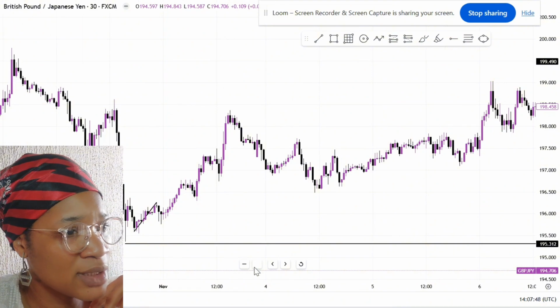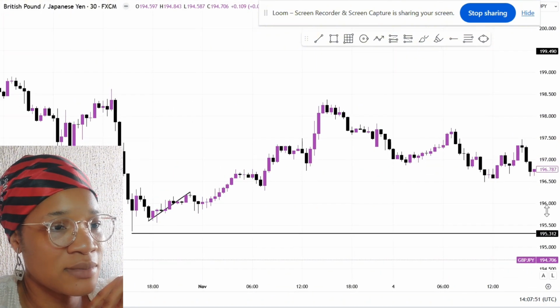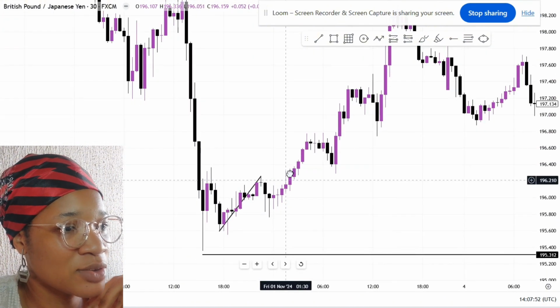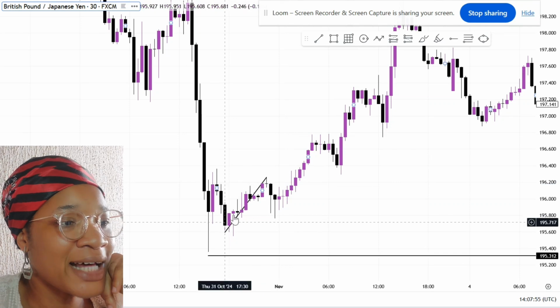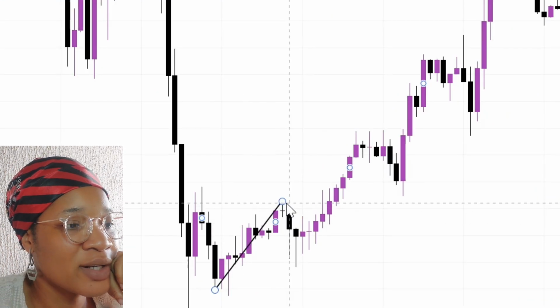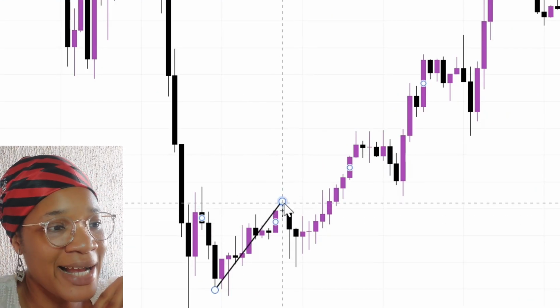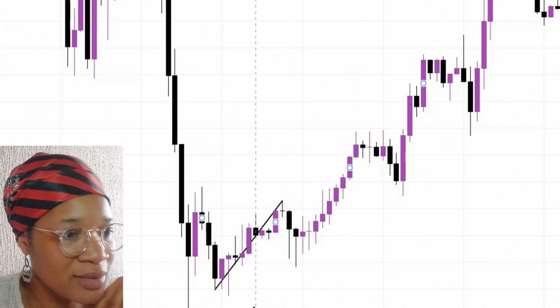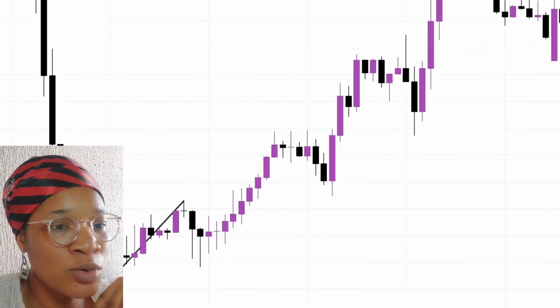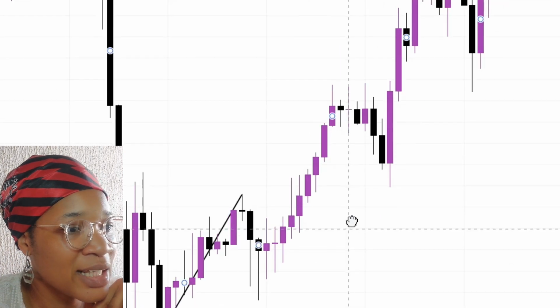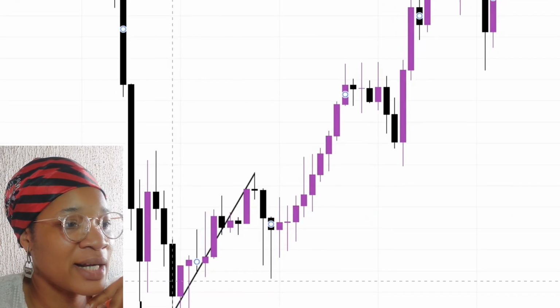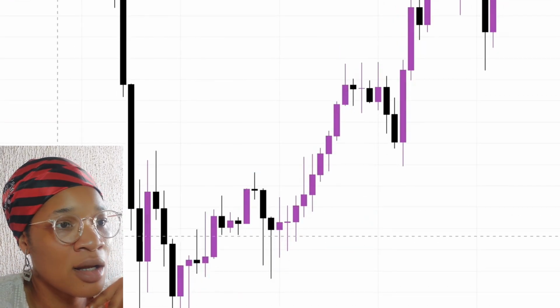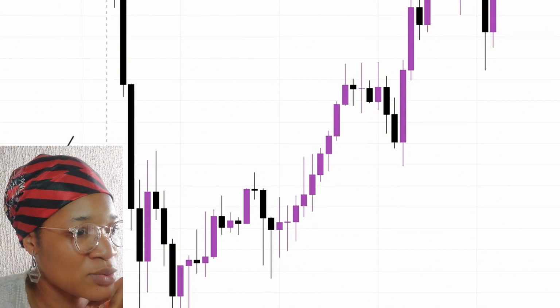I don't know if you can see this. Let me zoom out a bit. I think this is good, right? You can see that the highest candle here, price actually closed below it, right? Price actually closed below the highest candle of this movement. This movement right here, let me use the path tool.